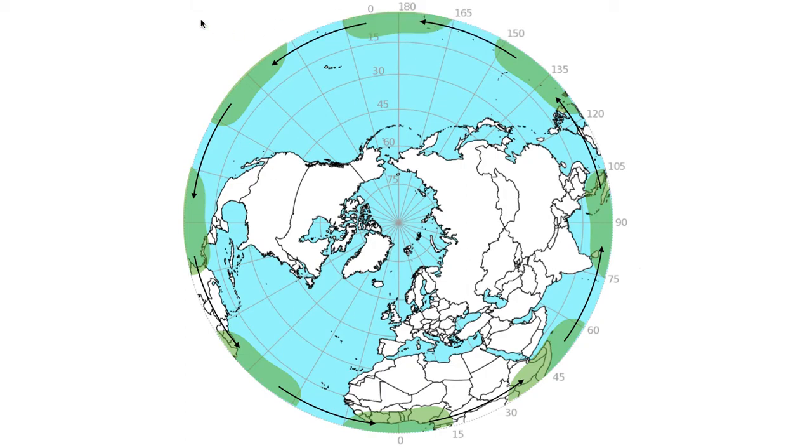And I'll go ahead and get rid of the banner so you can see the rest of this. So you can see how this pattern can basically just encircle the entire globe here, and typically it circles the globe about every 30 to 60 days, so about every 1 to 2 months.